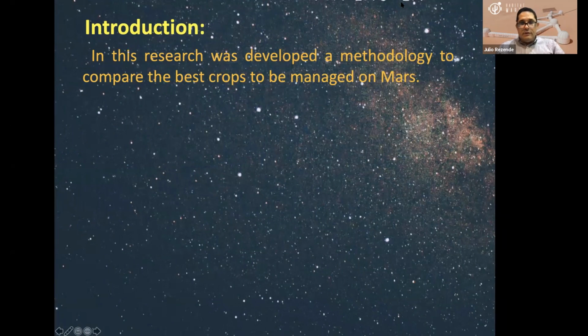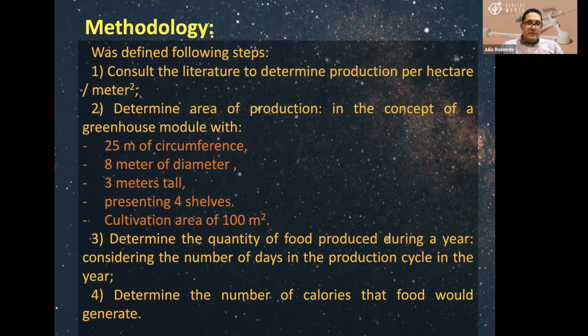In this research, a methodology was developed to compare the best crops to be managed on Mars. In this methodology, we have some steps. First of all, consult the literature to determine production per hectare and also by square meter.